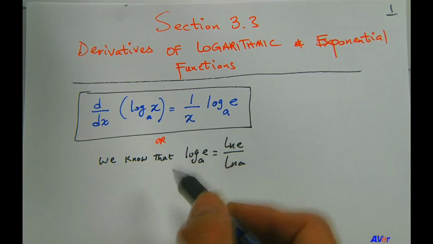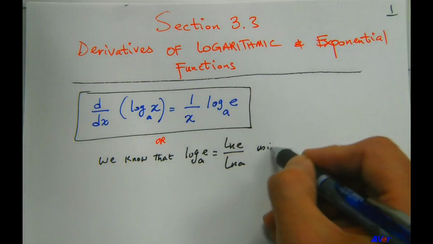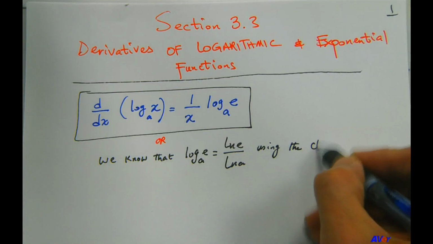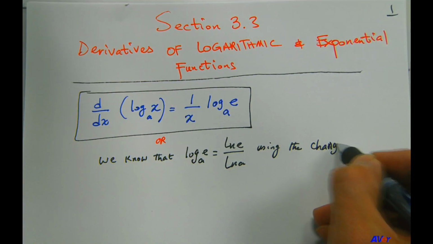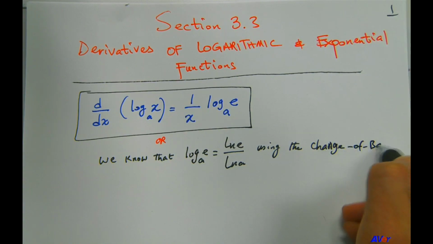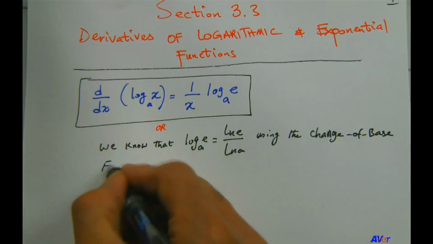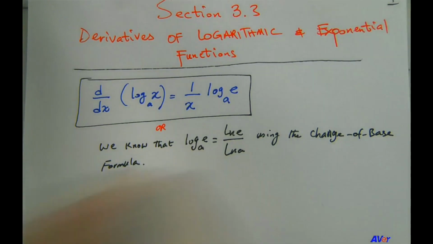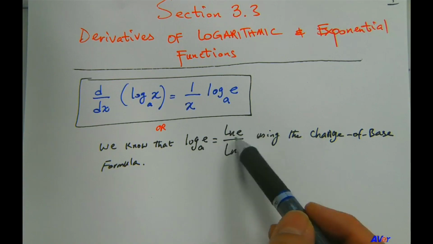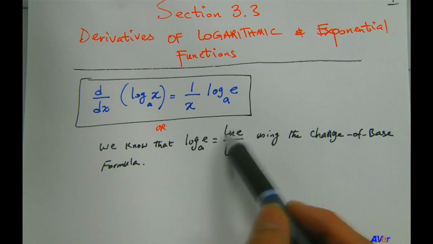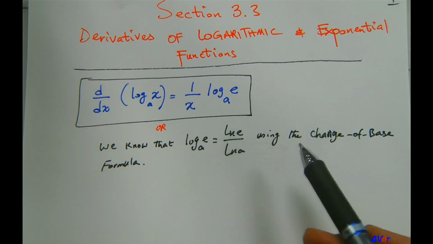And let me actually write that down. We know that this is the case for this piece, using the change of base formula. At the same time, when we talked about properties of logs and natural logs, you remember that the natural log of e simplifies to 1, right? Natural log of e is just 1.